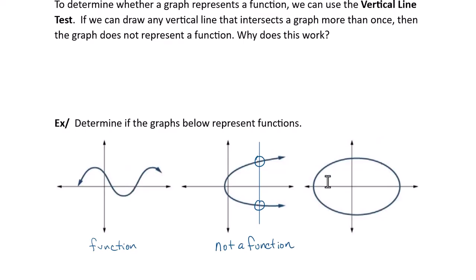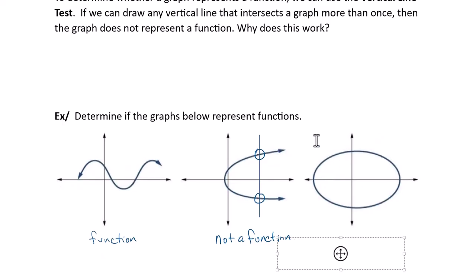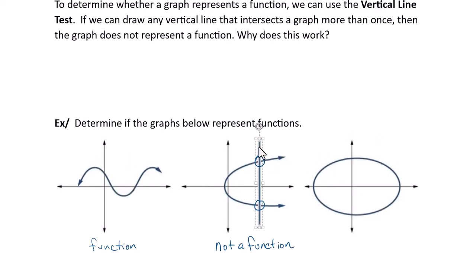Okay, and let's try this again. We've got our line, and we're going to pull it through that graph, and we can see it's hitting more than one place at a time. So again, this is not a function.